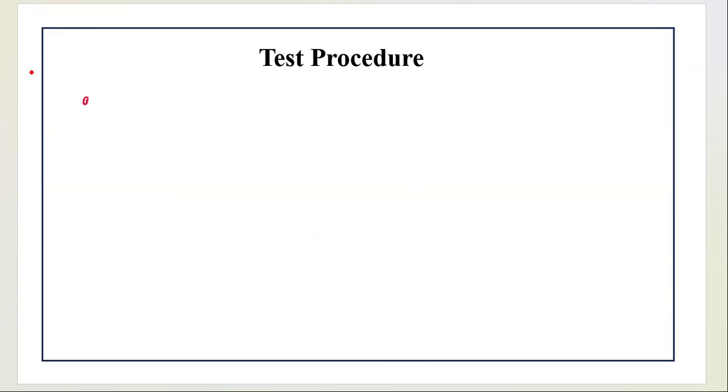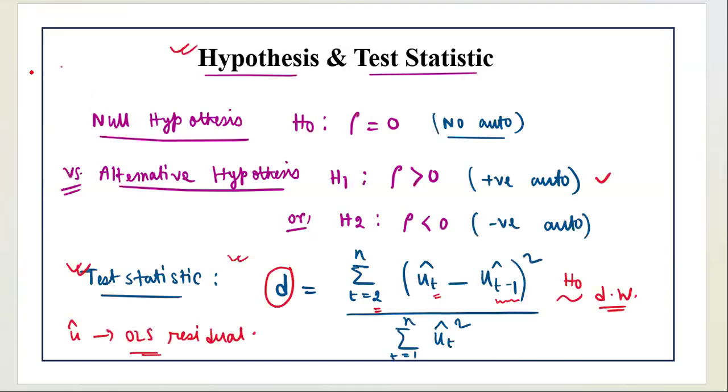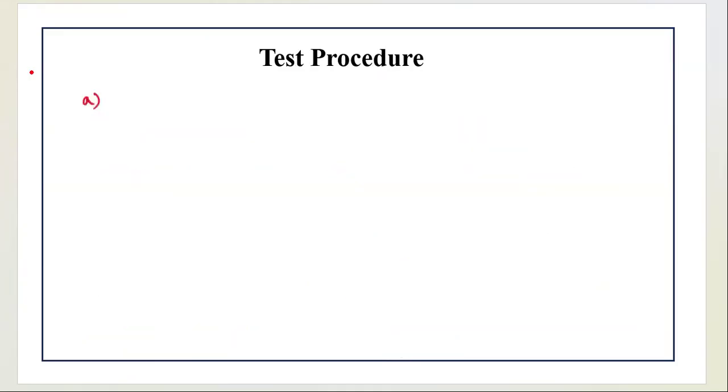So the first case that we will consider, as I have told you, since we are dealing with two different alternative hypotheses, is this. First let us see what will be the decision rule under this particular alternative hypothesis, and then in the second case we'll see what will be in the other case, right? So there will be two different cases.